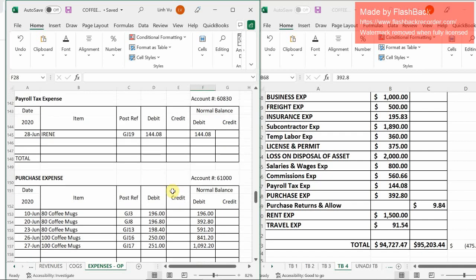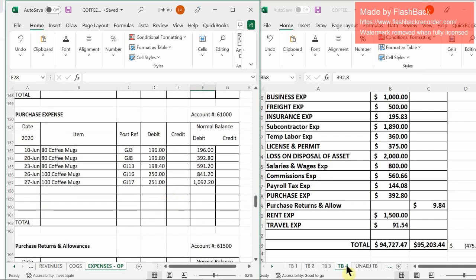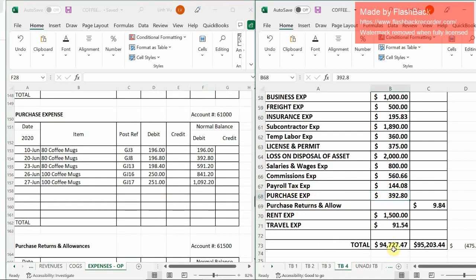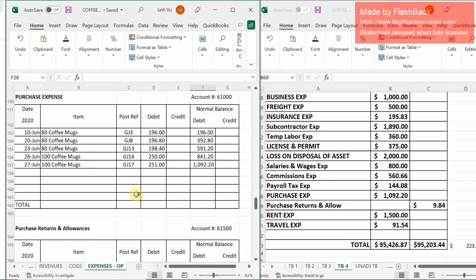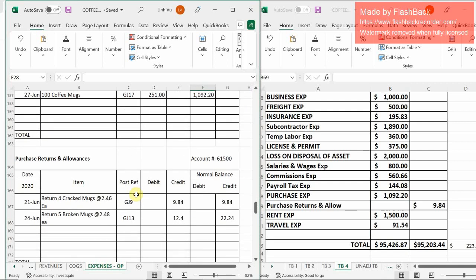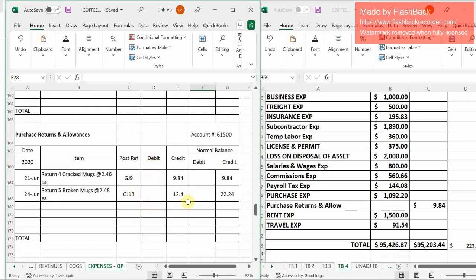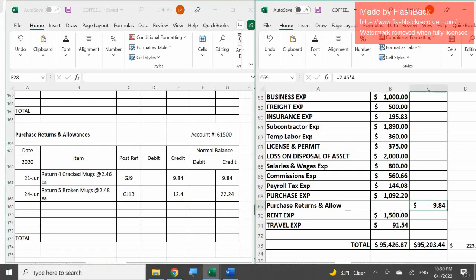Next account is going to be purchase expense, which definitely has increased, right? Our purchase expense has increased to $1,092.20. Okay. Let's see here. Purchase returns and allowances has also increased to $22.24.